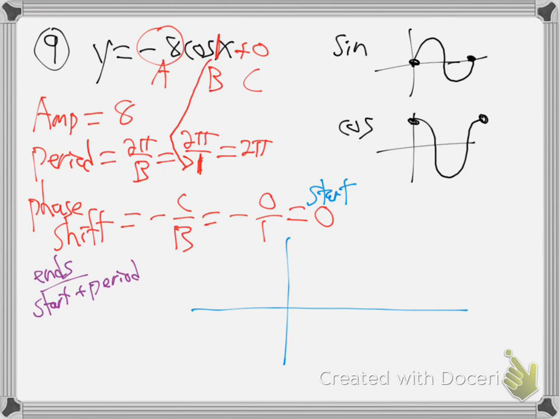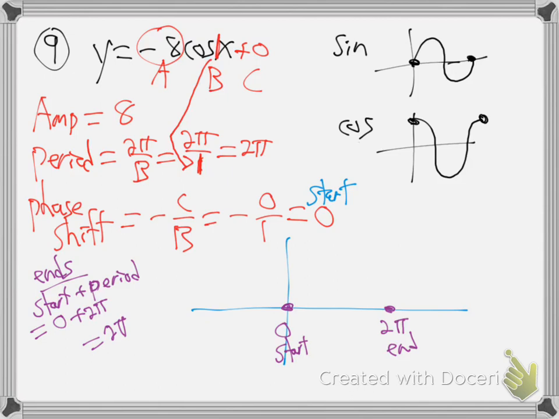So where do we start? We start at 0. What's the period? Period's just 2 pi. So 0 plus 2 pi. It starts at 0, ends at 2 pi. We good there? So start at 0, end at 2 pi.